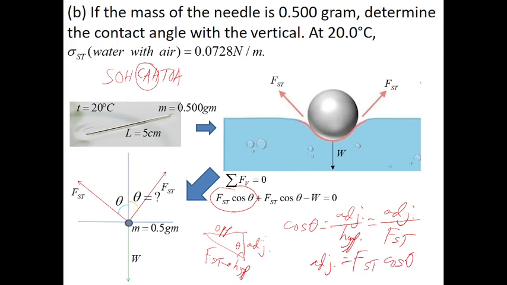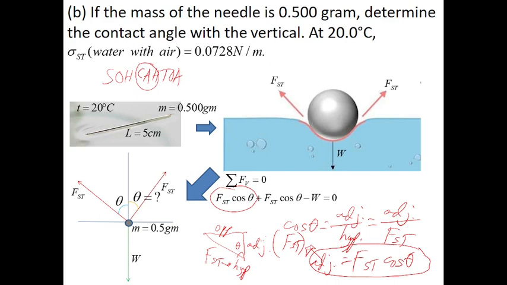That adjacent is the vertical component of FST. Okay? So, FST cosine theta.